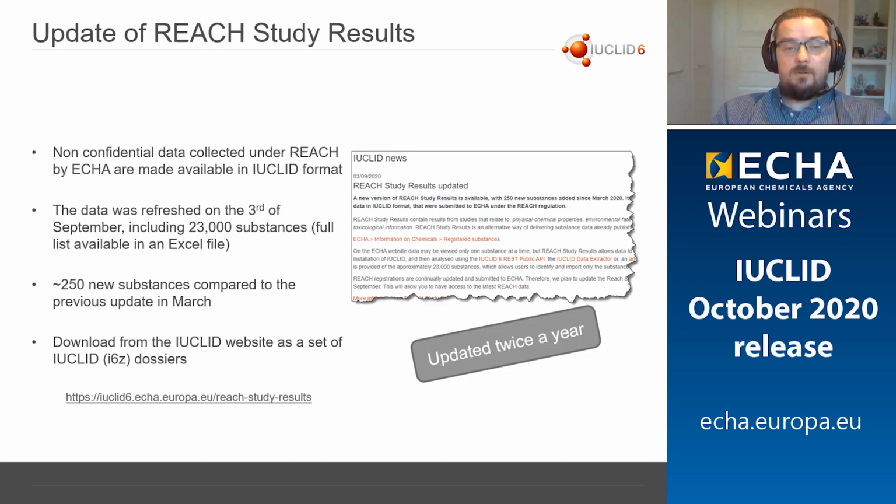It was refreshed on the 3rd of September, and it includes now 23,000 substances. There's a full list available in an Excel file if you go to the IUCLID website. 250 new substances compared to the previous update in March of 2020. And you can download it from the IUCLID website as a set of IUCLID 6 dossiers.